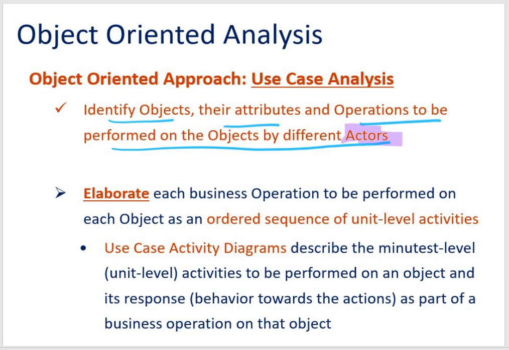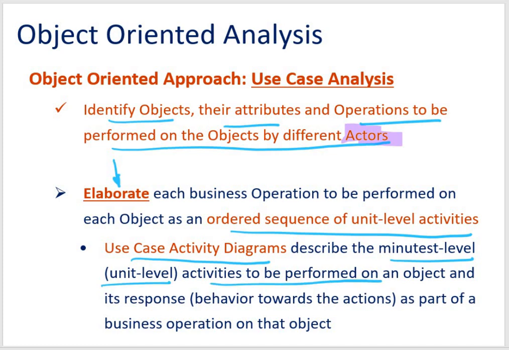Next, I'll be elaborating it. Identify objects, their attributes, and operations to be performed on the objects by different actors. Then elaborate each business operation to be performed on each object as an ordered sequence of unit level activities.